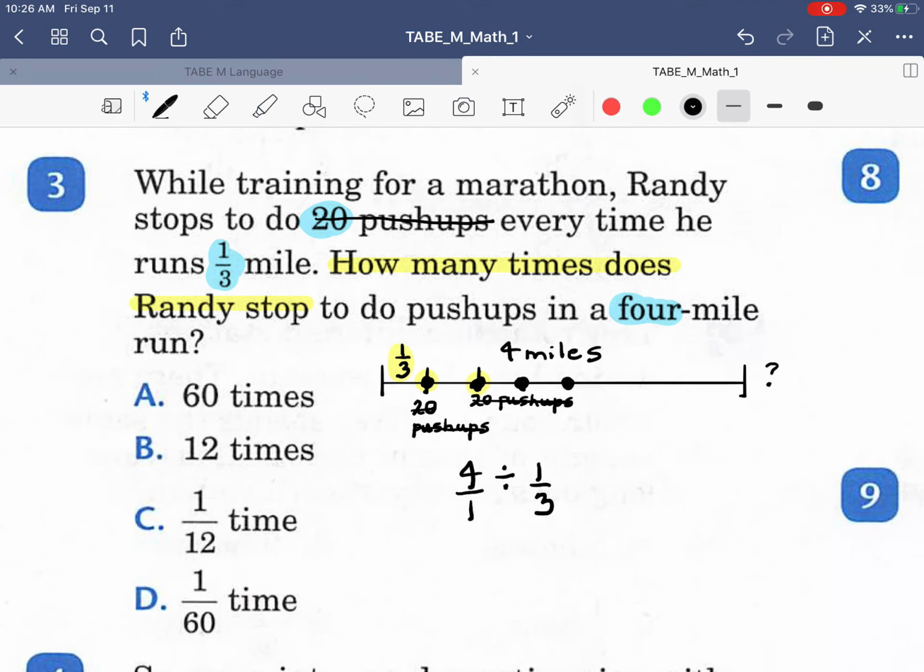So 4/1 times 3/1 is 12/1, and that equals 12. So there would be 12 of those dots along the way. The answer to number 3 is B.